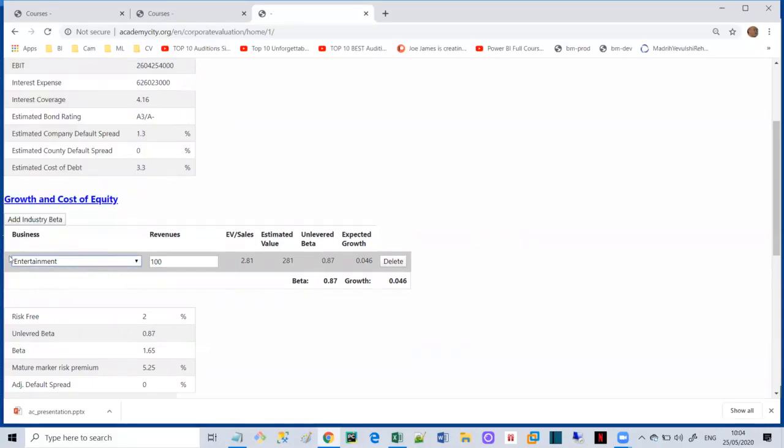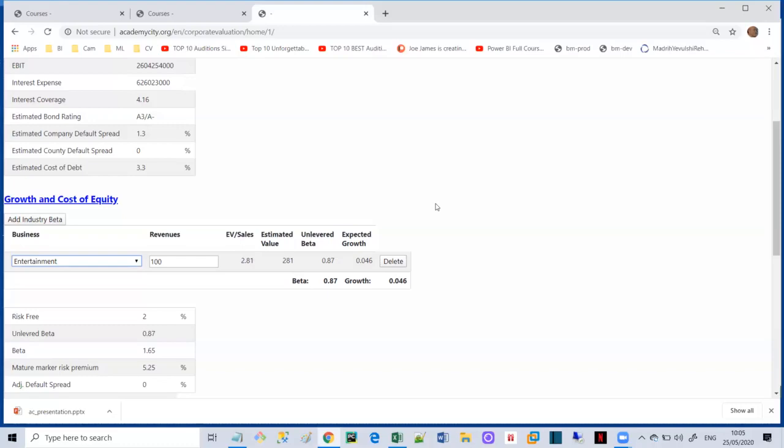What happens when you choose the industry? It automatically checks the analyst forecast growth for the next 5 years on a yearly basis. What do I mean by that? There's in fact a bunch of analysts, and this is the average of their forecasts for the next 5 years, on a yearly basis, of what they think is going to happen in the entertainment industry.